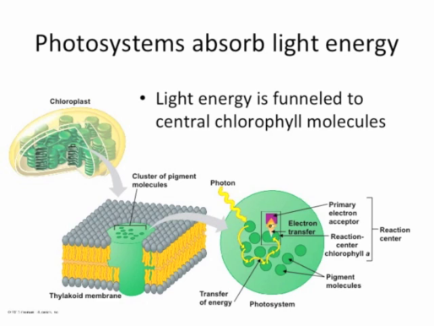And all that energy, there's so much energy that it causes the molecules within that pigment to lose an electron. So that's what this electron transfer is. It's going to cause electrons to be transferred from the central chlorophyll pigment molecule to something called an electron acceptor.